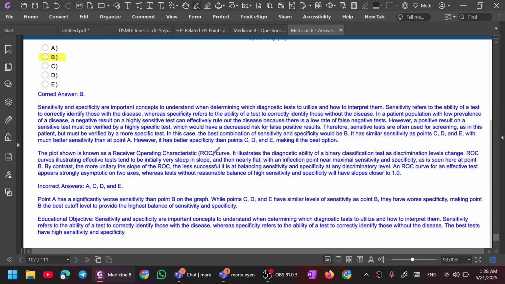D too, even if it has higher sensitivity. Because here is just one minus specificity, so instead of going bigger here, it goes bigger here. Okay, now it fits. Now it makes sense. But this other thing that they explain right here, I don't understand what they mean, the ROC curve thing.